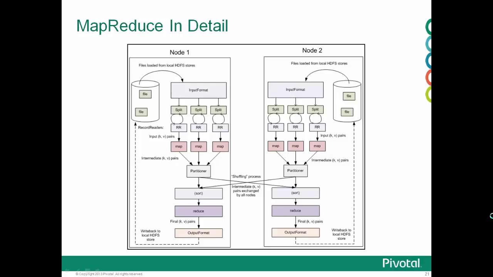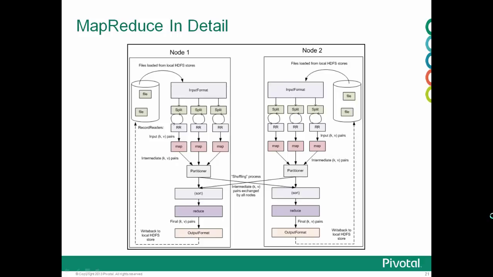The record reader will extract a key value pair in that particular format from the block and pass it to the mapper. The mapper will then process that key value pair and generate intermediate results in the form of key value pairs. This process ideally will be taking place in parallel, many mappers on each node across all of the nodes in the cluster.